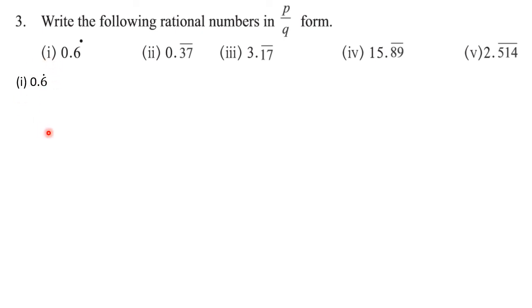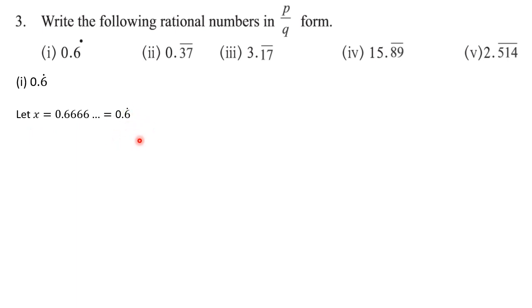So write down that x is equal to 0.666 and so on, which is equal to 0.6 recurring. One more thing I want to make clear, that you have to use the same textual method. Don't solve it by any other method. So follow the same steps.